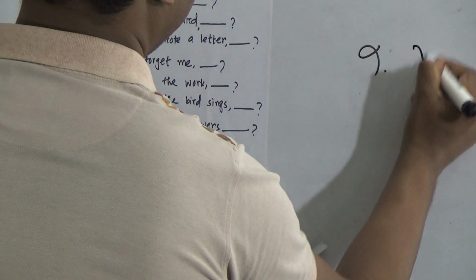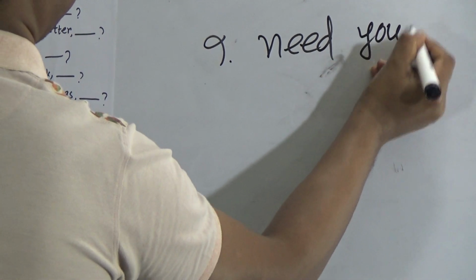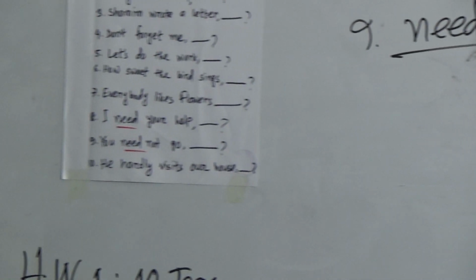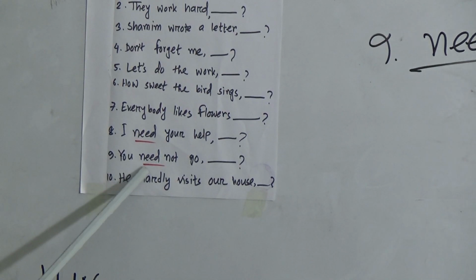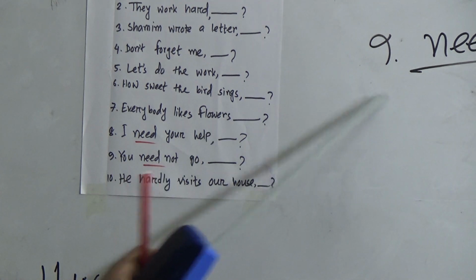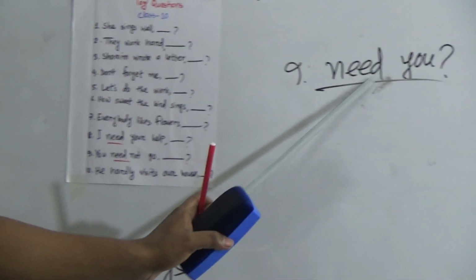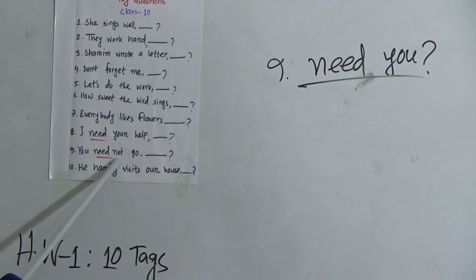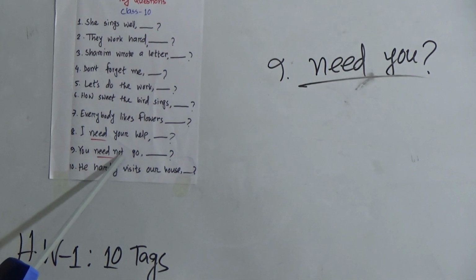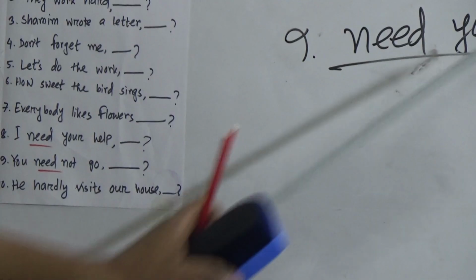For 9, need you. Is it clear to everyone? That means although this need is used as an auxiliary verb, we have to use need. Then we cannot use any not with need because it's a negative sentence, and then the pronoun is you.